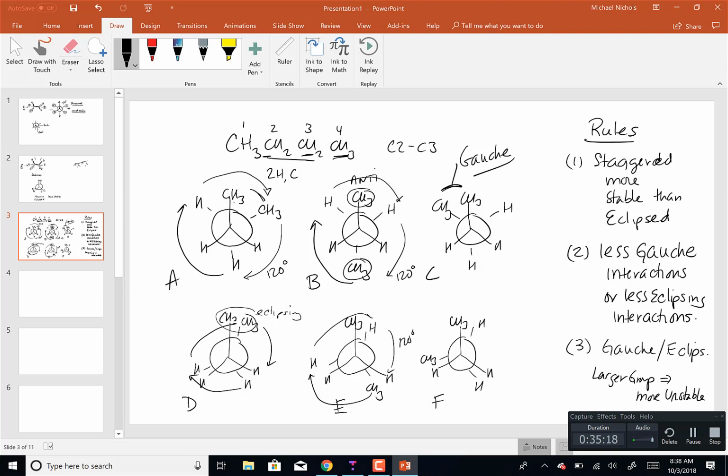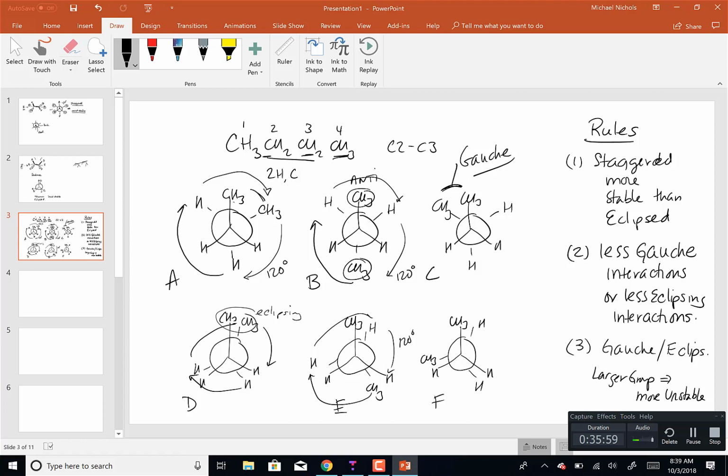Then of D, E, and F, which one is the least stable of D, E, and F? D. So D has both methyl groups eclipsing. That's bad. And so that's less stable. And then what about E and F? Same energy. So notice that your best case scenario is to have a group gauche to a hydrogen or a group eclipsing a hydrogen.